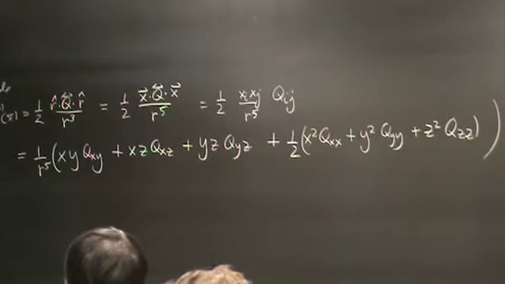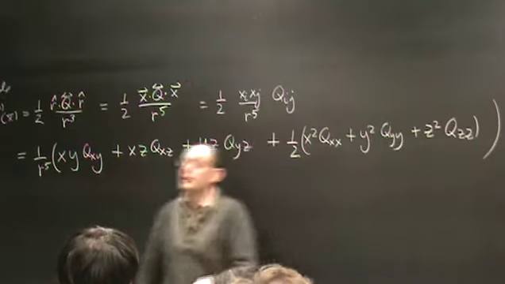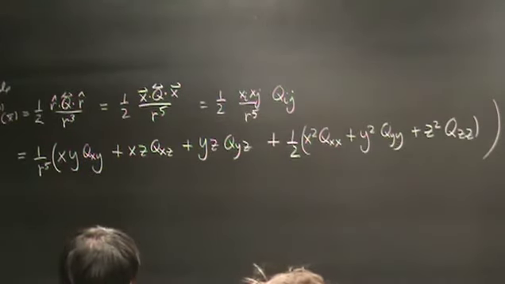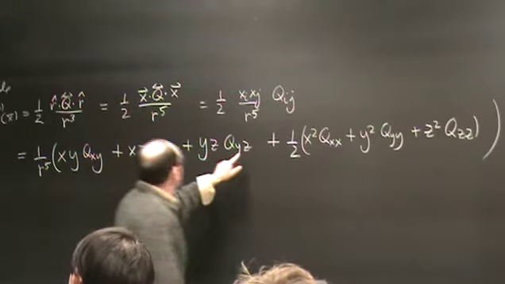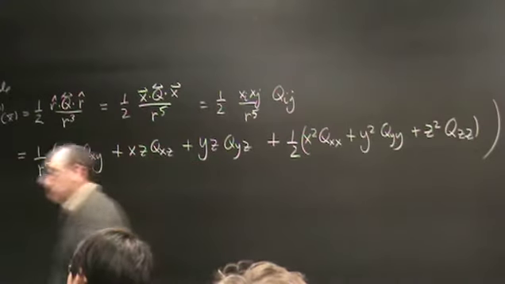Of course, Qxx, Qyy, and Qzz are not independent. They must sum to 0. So those are the 5: 1, 2, 3, 4, 5, and this guy depends on 1, 2.